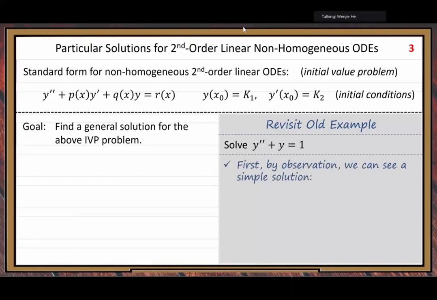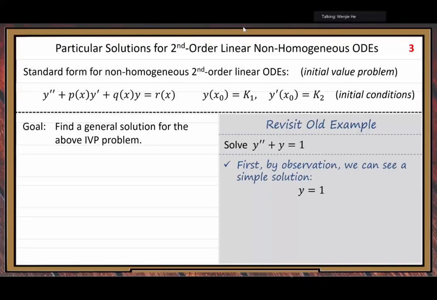In this simple one, by observation, can you see a simple solution here? Sometimes, for a simple equation, we use our eyes to find a simple solution. Look: y equals 1 is a solution, since y double prime is 0.